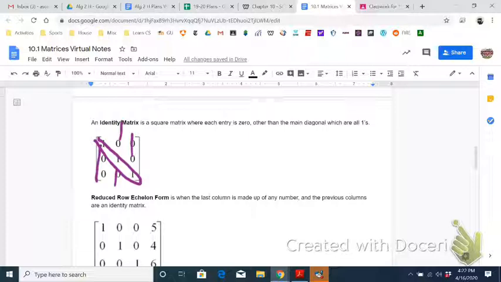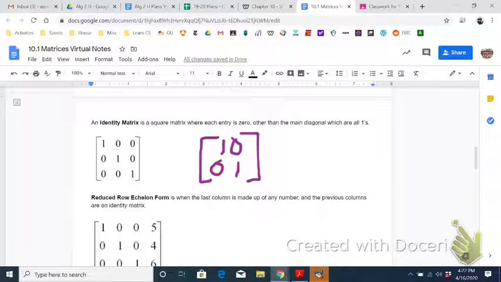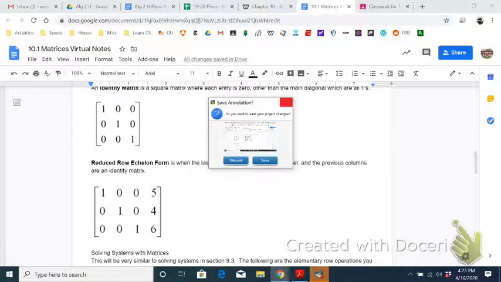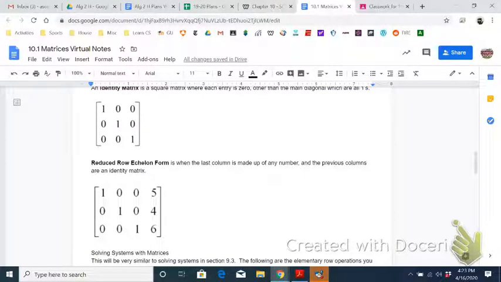So why don't you pause the video real quick and write a 2 by 2 identity matrix. Alright, so that's what it should look like. That would be a 2 by 2 identity matrix. A 4 by 4 would just be like this 3 by 3, except add another row and column, and you still have that diagonal of ones.